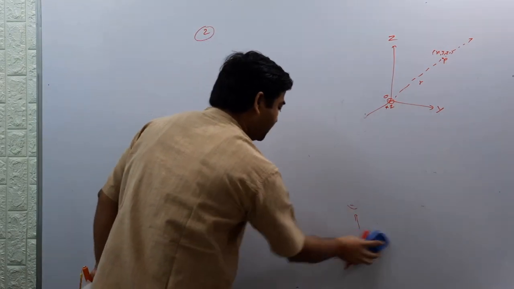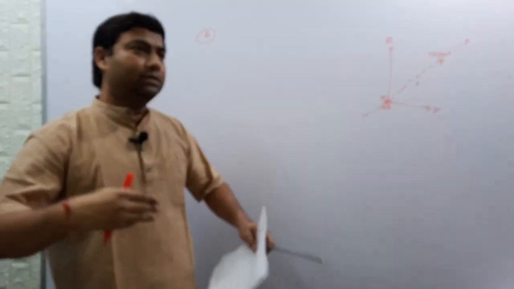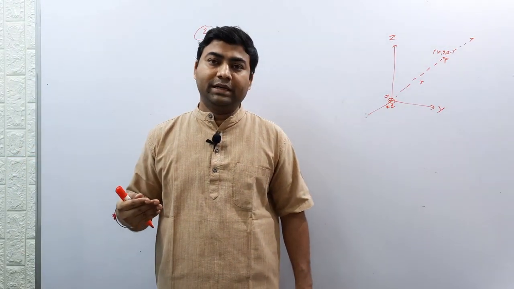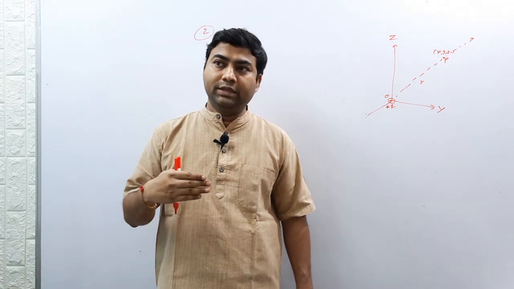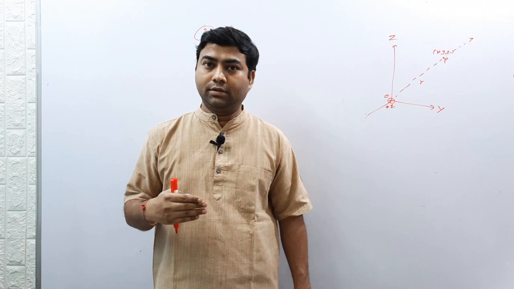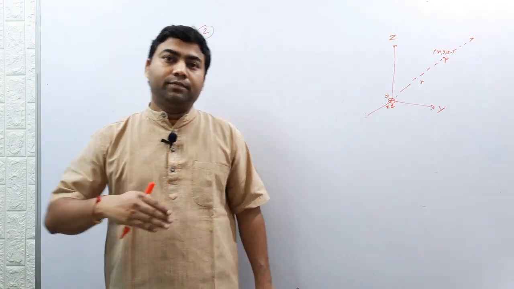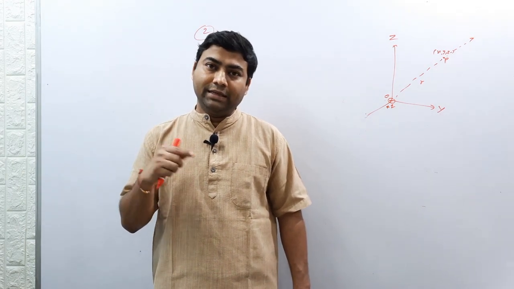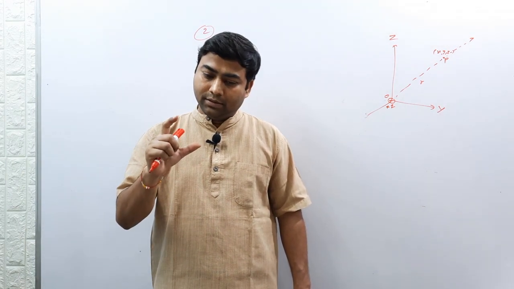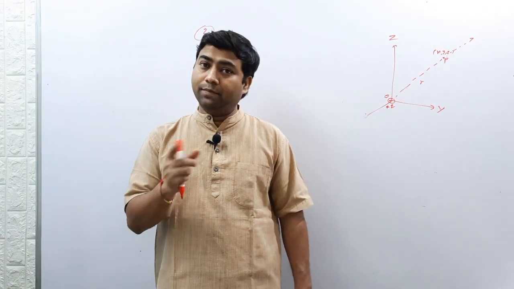The third operation is called curl. We have used the del operator to find the gradient of a scalar function, which generates a vector function, a vector field. Then we found divergence by using the del operator, and in that case a vector field is converted into a scalar field, which is opposite to gradient.